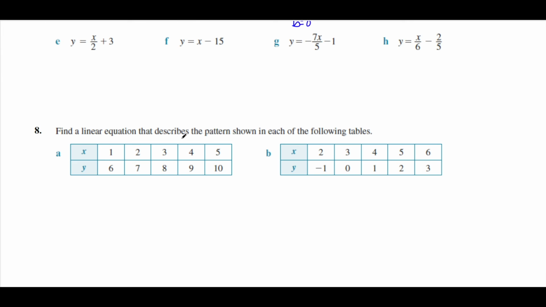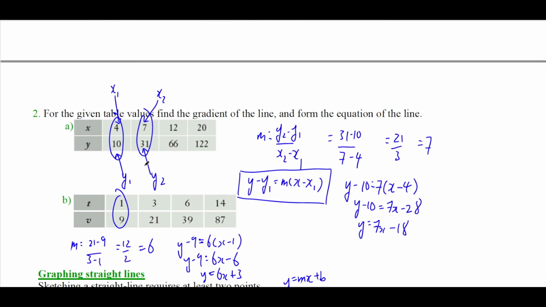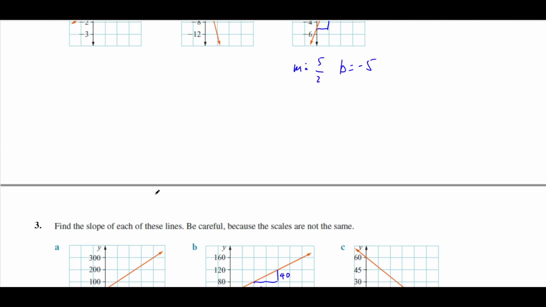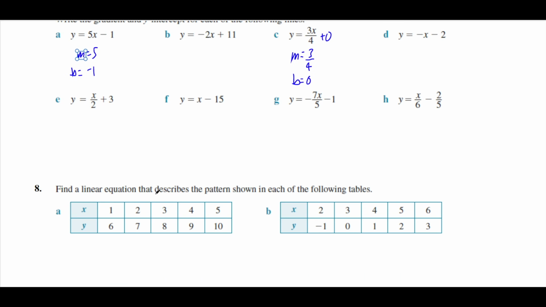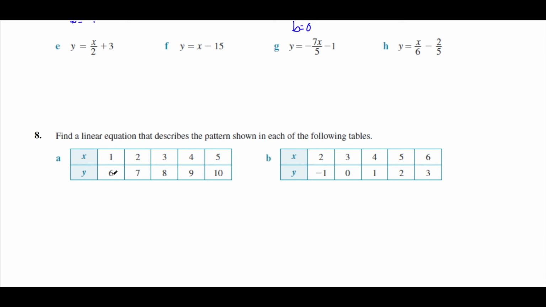Find the linear equation that describes the pattern shown in each of the following tables. Okay, so this is very similar to this question over here. But I'm going to tell you the slow method first. Okay, so the slow method is basically the method that I just did.